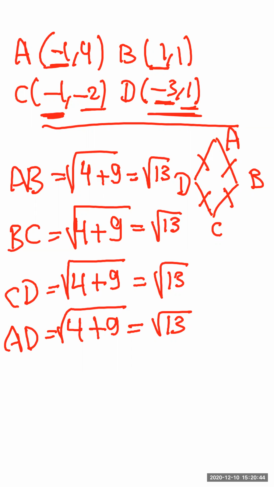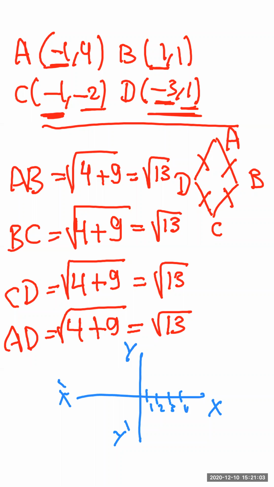Then graph it. Okay, it's very easy. This is the two axes, X and Y, on a graph paper, and X dash and Y dash. Then 1, 2, 3, 4 and -1, -2, -3. Of course, you have to graph it on a graph paper with an accurate scale.